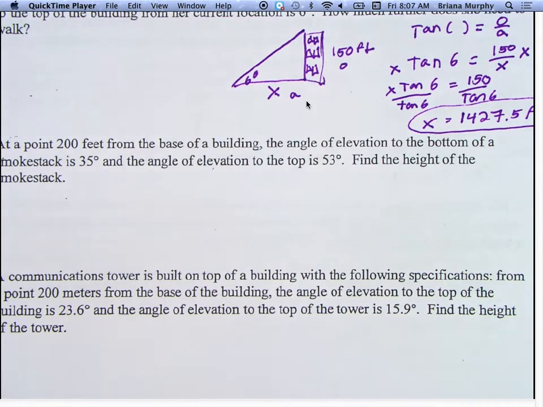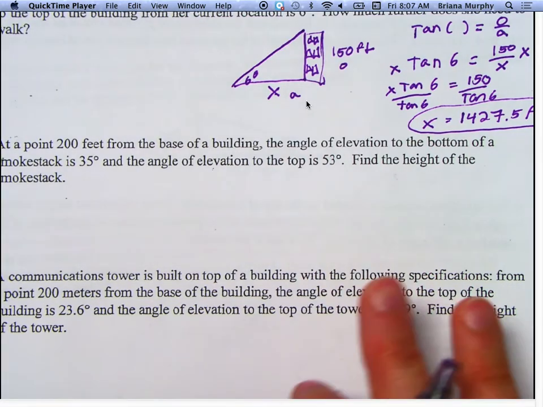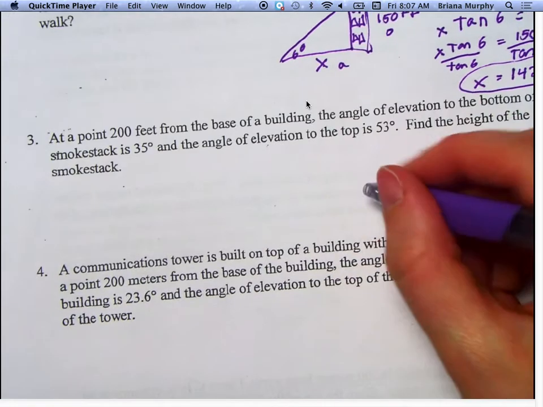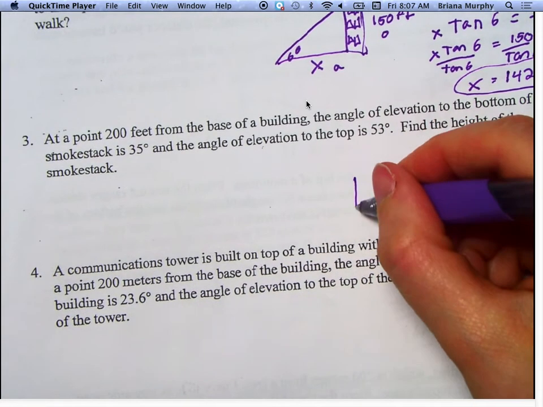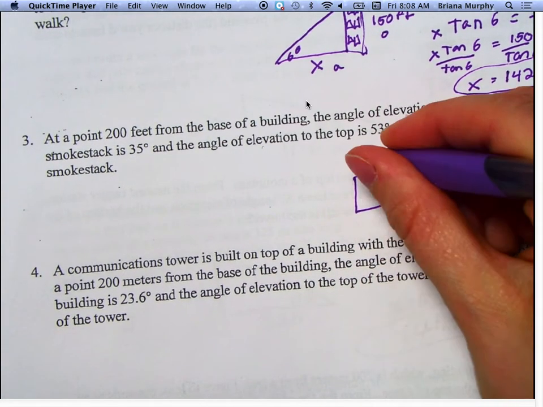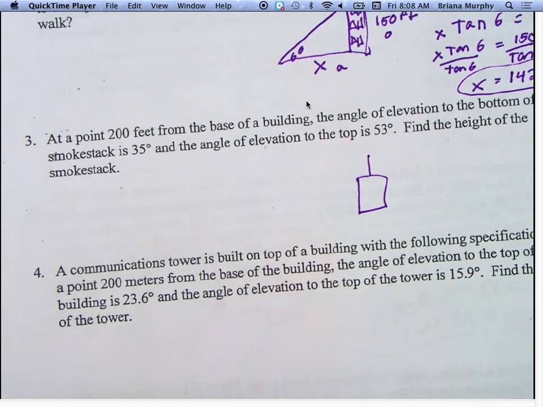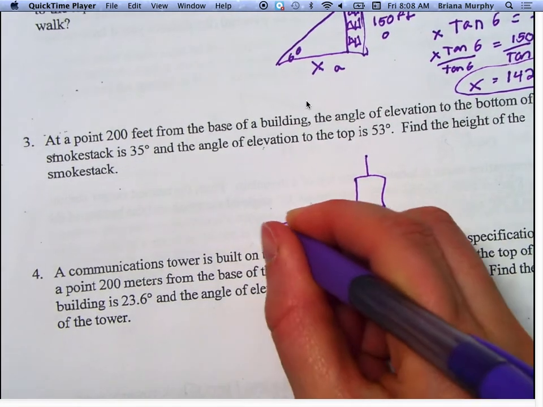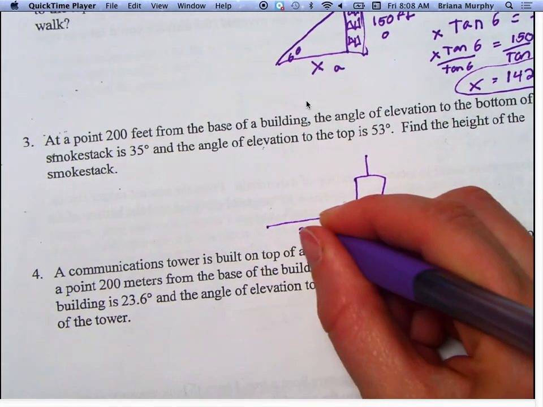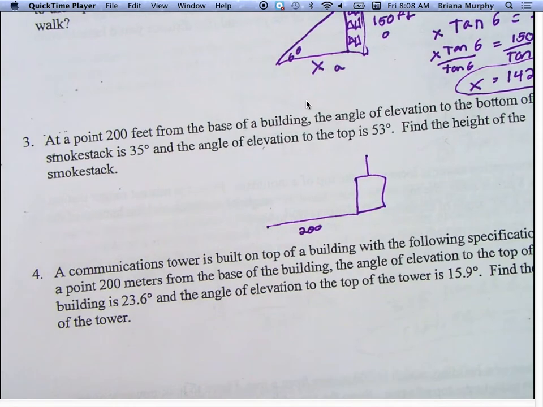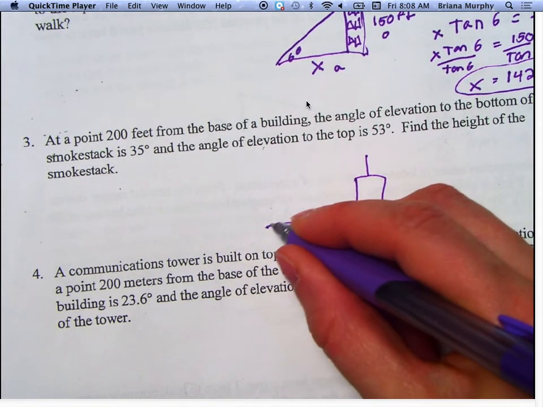Okay. So, I've got a building, and I know on top of that building is a smokestack. Okay? 200 feet from the base of my building to the bottom of the smokestack, I've got 35 degrees.